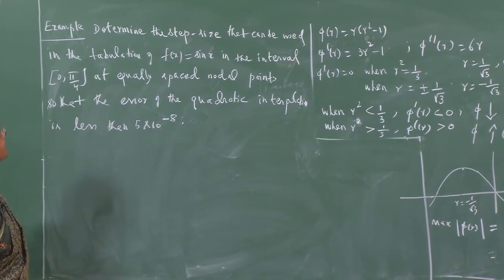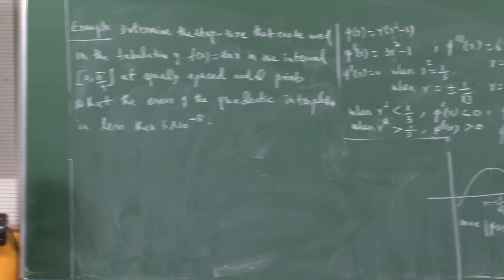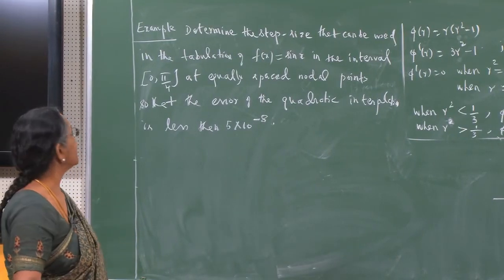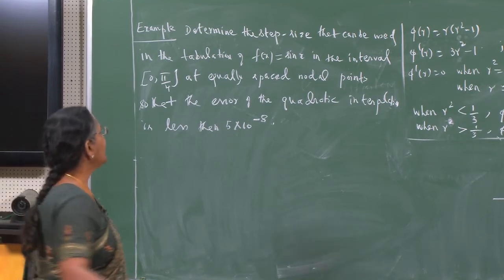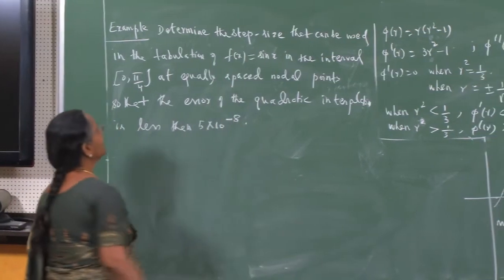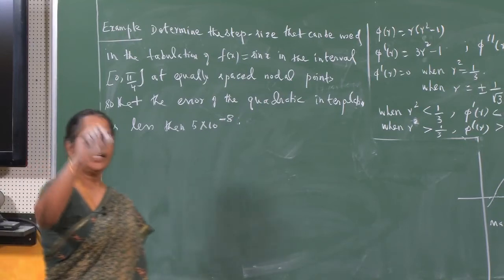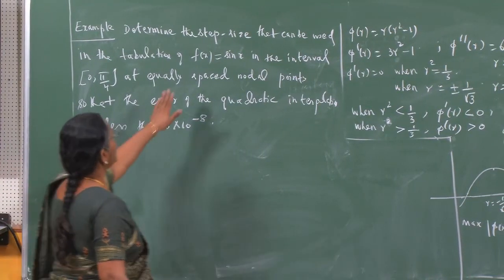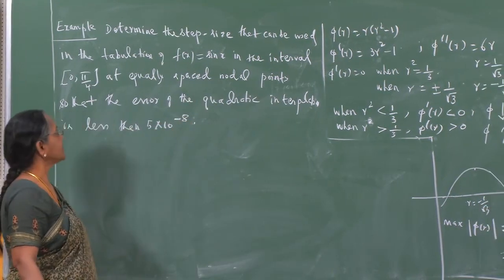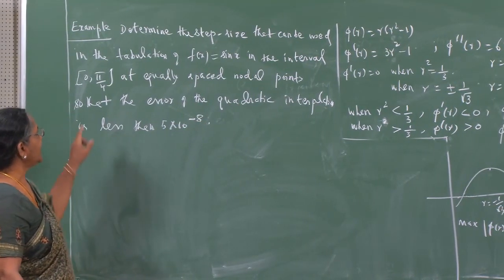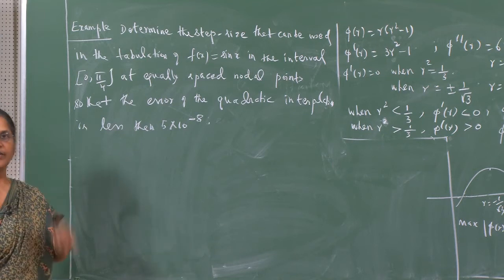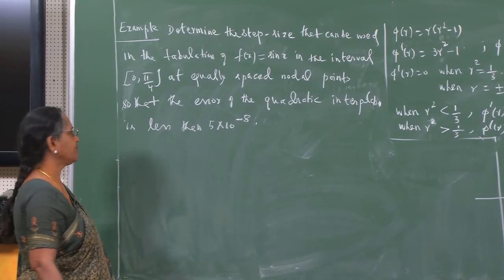The question is, obtain the step size h that can be used to tabulate the values of the function f of x equal to sin x in the interval 0 to pi by 4 at equally spaced nodal points, so that the error of the quadratic interpolation is less than 5 into 10 to the minus 8.